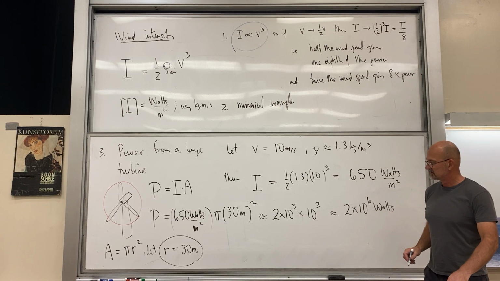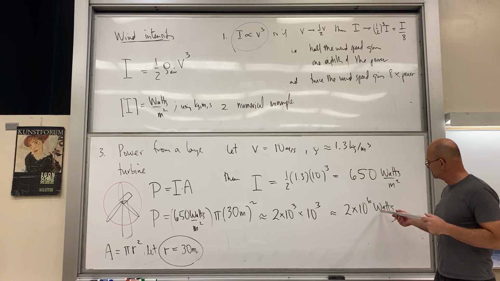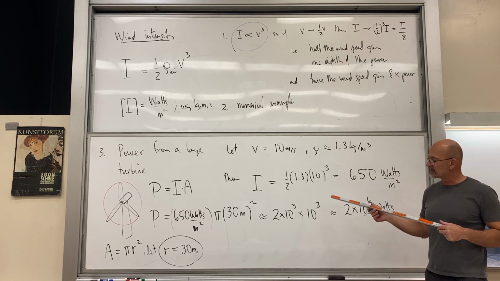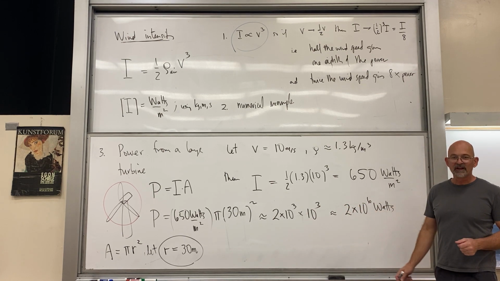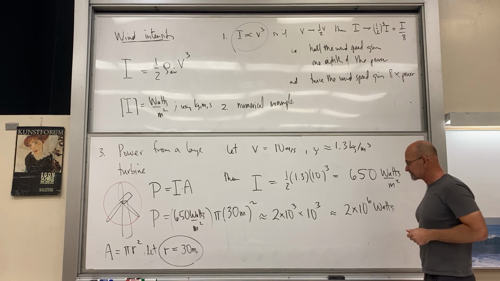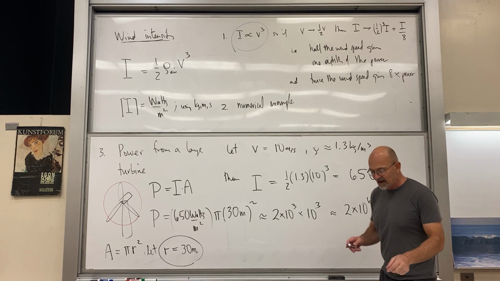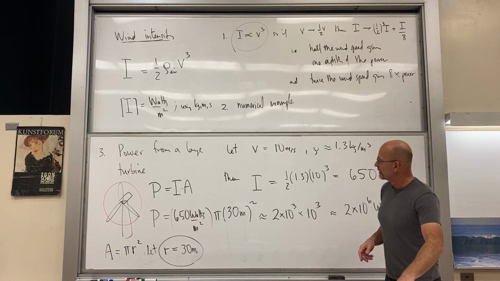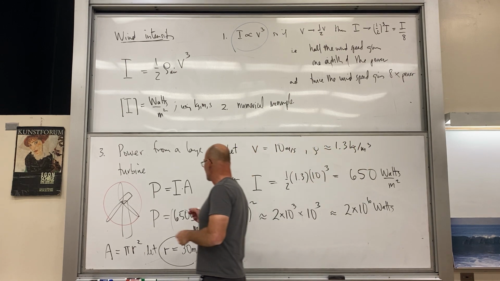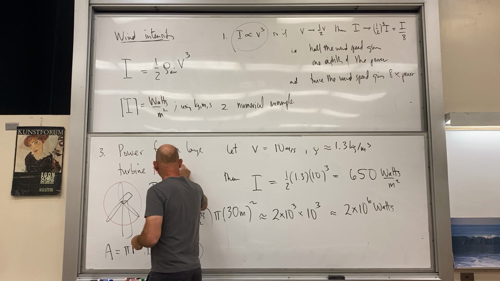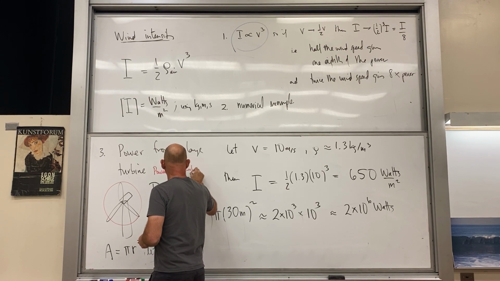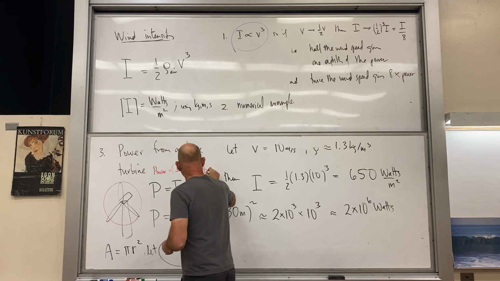And yes, that's actually a good number for some of these large turbines. Okay, that would be 2 megawatts, 2 million watts at that speed. So yeah, go ahead and make sure we specify everything I've said here. First of all, power equals intensity times area.